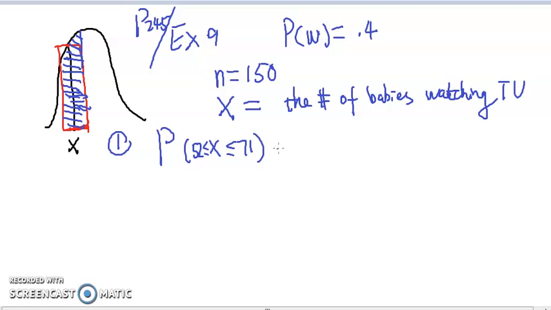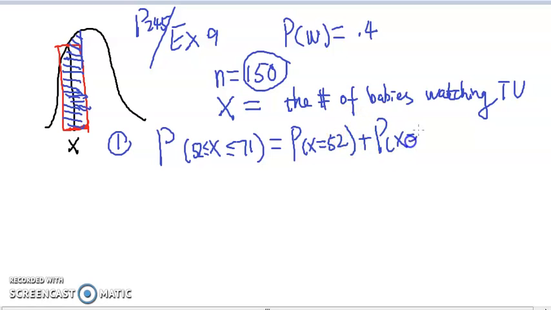If we want to do it by binomial distribution, we have to find the probability that 52 out of the 150 babies watch TV, plus 53 babies watch TV, plus 54, plus 55, plus 56, all the way to x equal to 71.